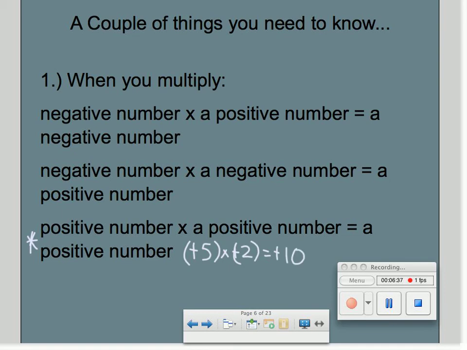A negative number times a negative number ends up with a positive number. You can think about this as well when we use the same idea in English. If I don't not like something, it's a double negative phrase.